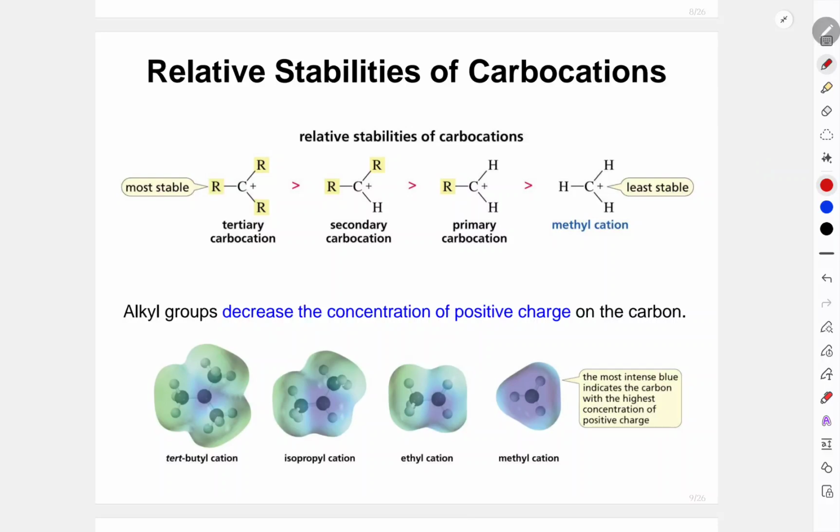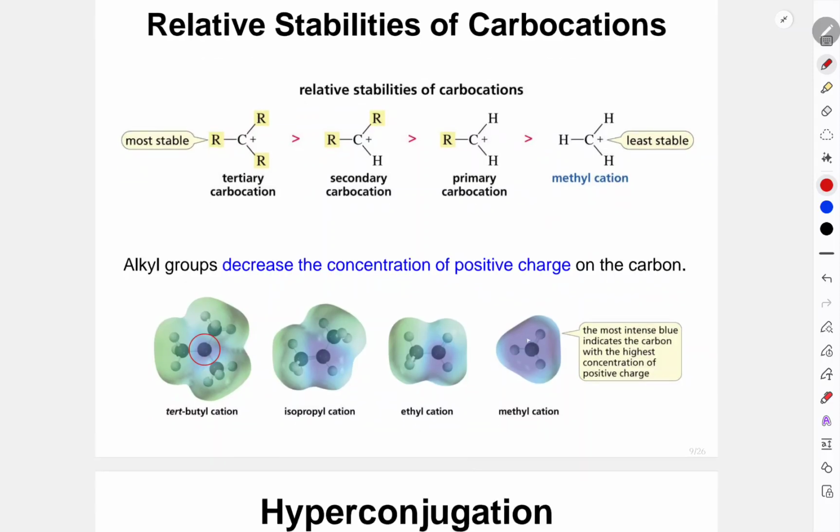Whereas for the tert-butyl cation, its bluish color is somewhat diminished and delocalized to some degree. In other words, the positive character is somewhat neutralized in this case. So if you have more R groups, it is less positive on the carbocationic center, and this gives stability to the species.